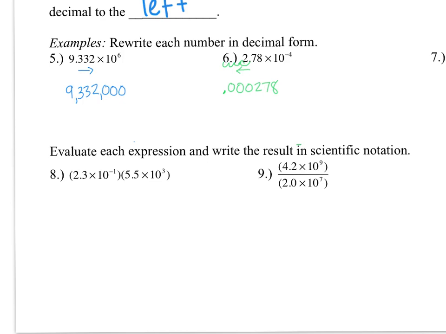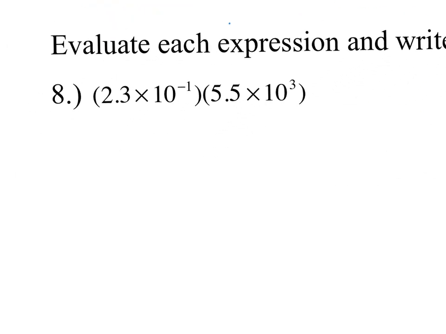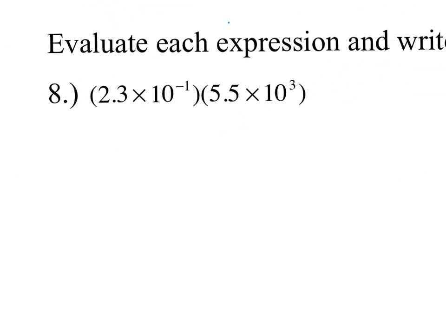So if we're trying to multiply these values, so the first one is multiplication, all you do is multiply the actual numbers, just like you normally would. Say it was 5x cubed times 5x squared. You would multiply the numbers, and the exponents you would add. Same thing here.